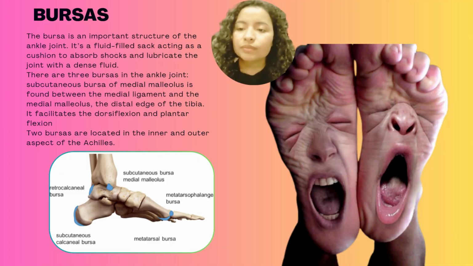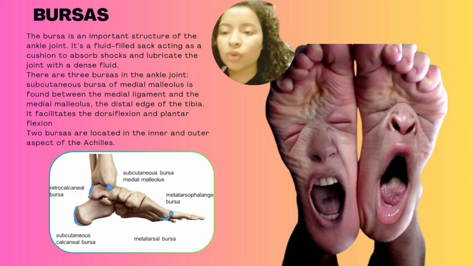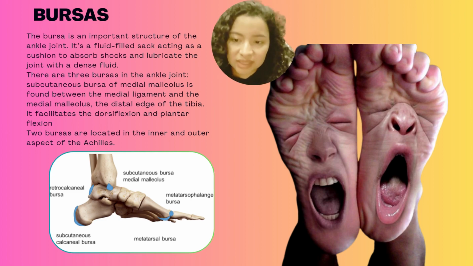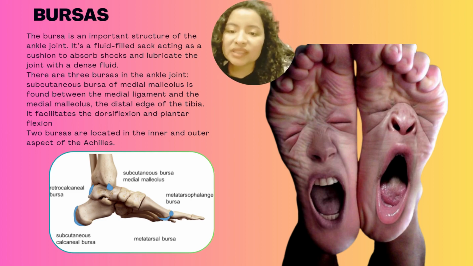Metatarsal bursa is located at the base of the toes under the metatarsal bones, just about at the balls of the foot. Intermetatarsal bursae are small bursae located between the toes' metatarsal bones.